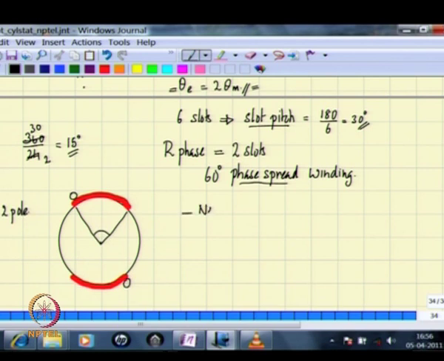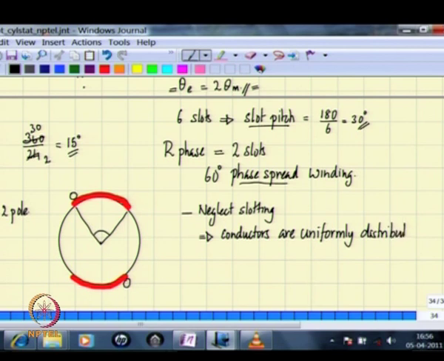And we assume, that is, we neglect slotting as usual, which therefore means we further assume that the conductors are uniformly distributed over the entire phase spread.